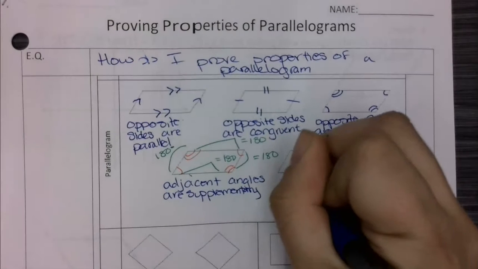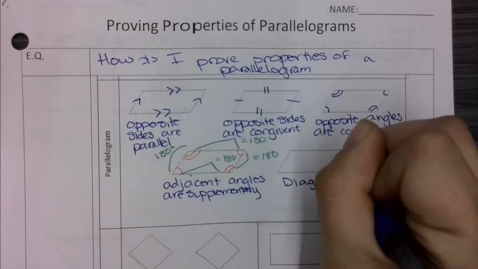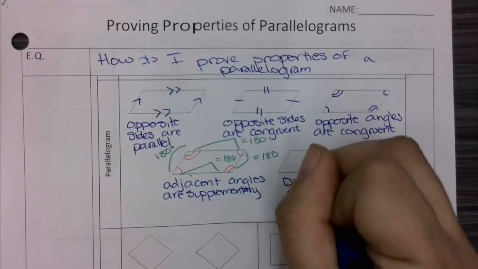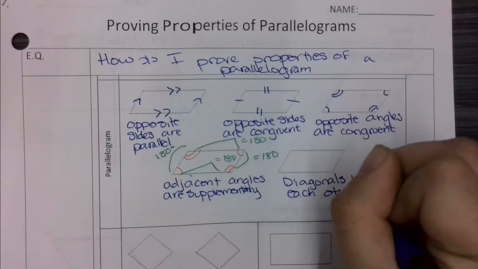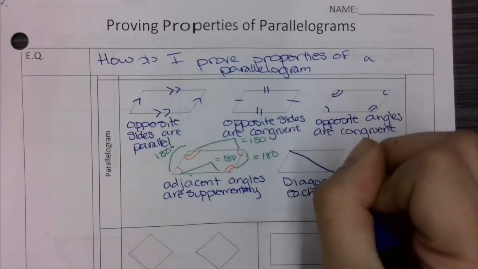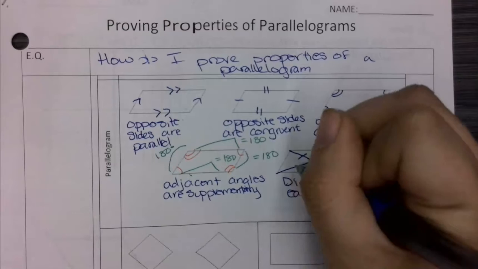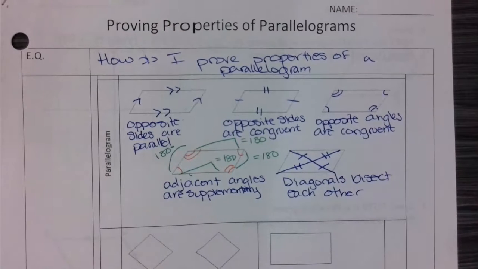And the last one is diagonals bisect each other. So that means if I drew the two crossy lines from end to end, it cut them in half.